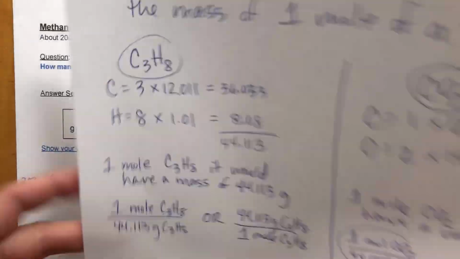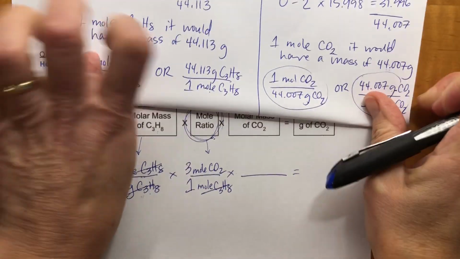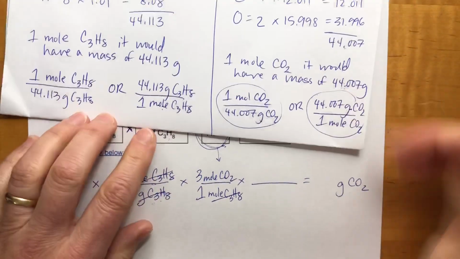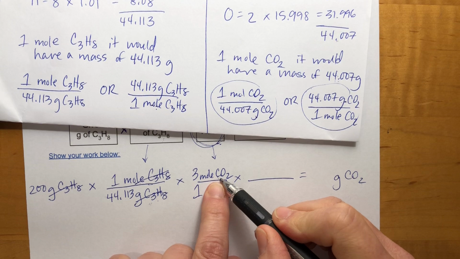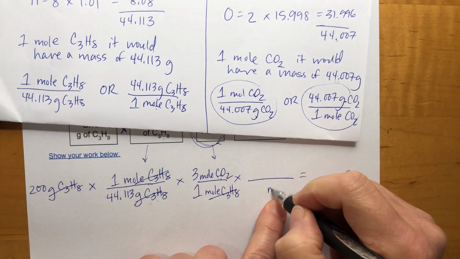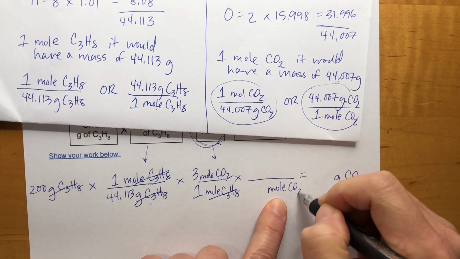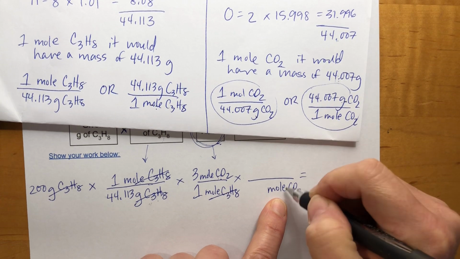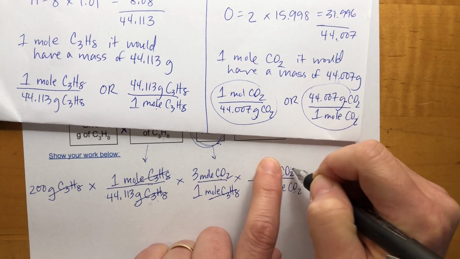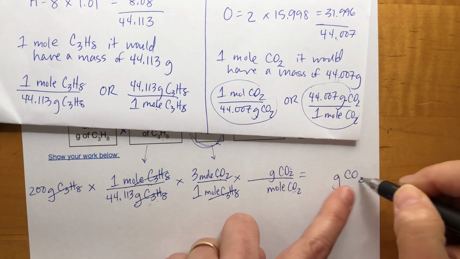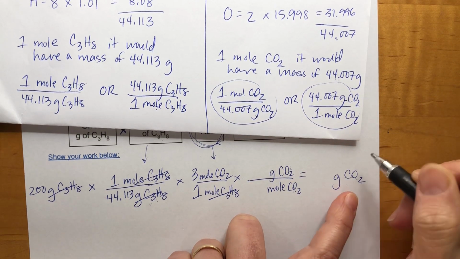If you look at this, which one's going to work in here? I have moles of carbon dioxide up here in the numerator. I'm going to need it to be down here in the denominator in order for it to cancel, and I'm going to need grams of carbon dioxide to be up here in the numerator so that the final answer is grams of carbon dioxide.